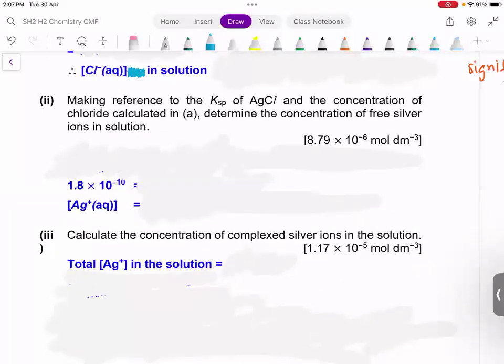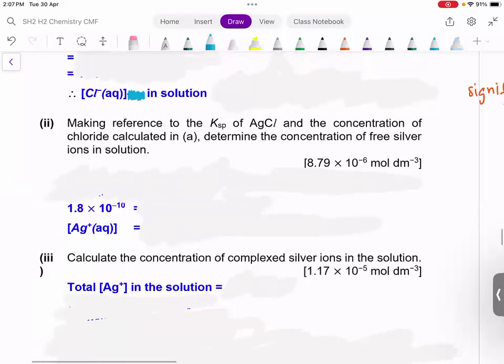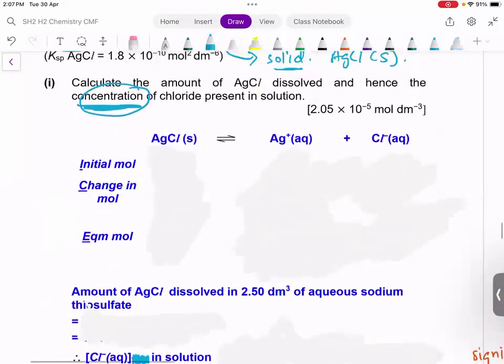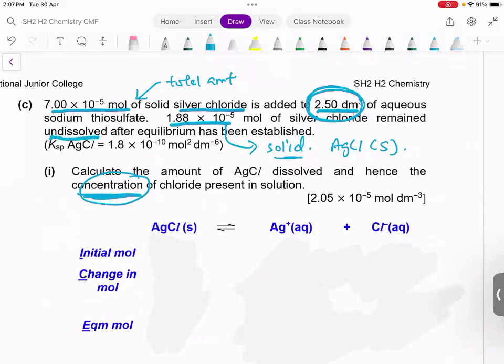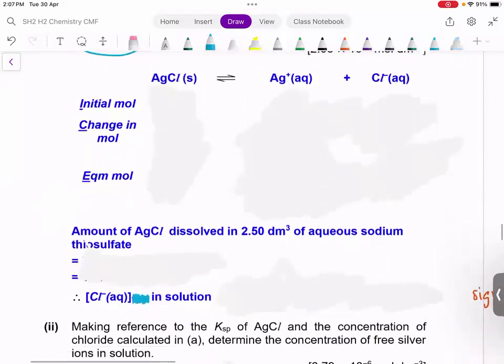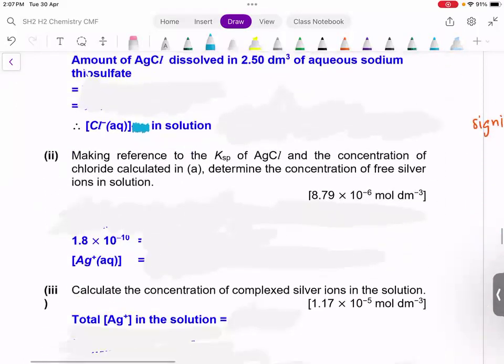Are we looking at a saturated solution here? We are, right? Because we are told that there is 1.88 times 10 minus 5 mole of silver chloride remaining undissolved. So the fact that you have silver chloride remaining undissolved means that this must be a saturated solution. So if it's a saturated solution, then what is the significance?